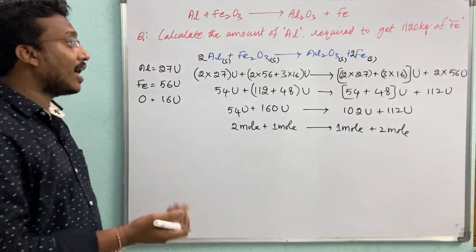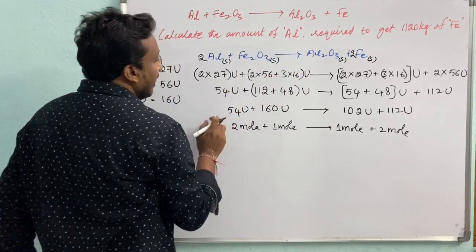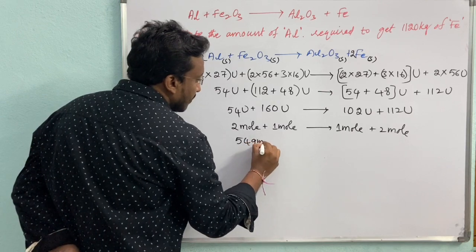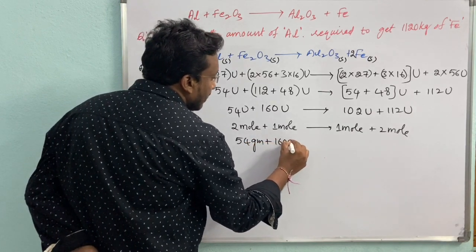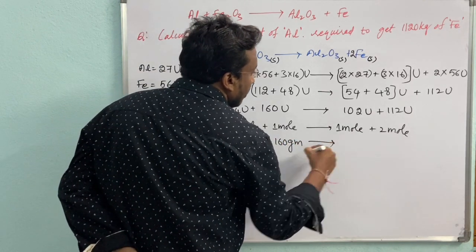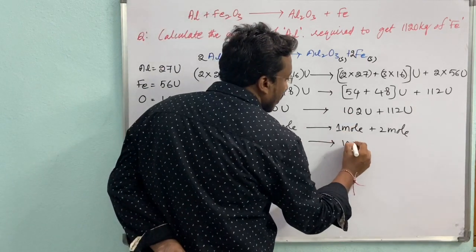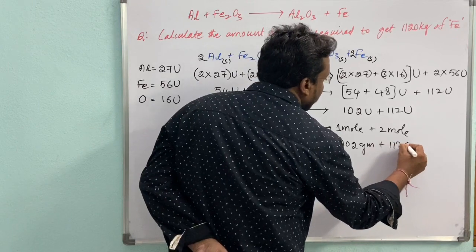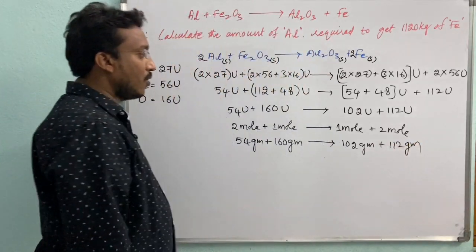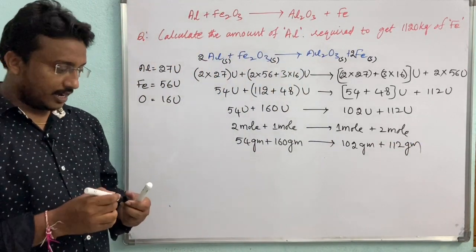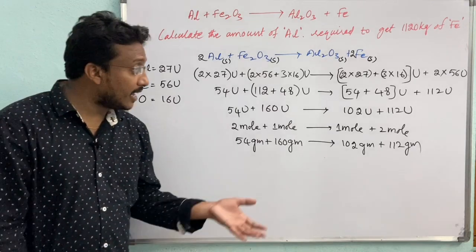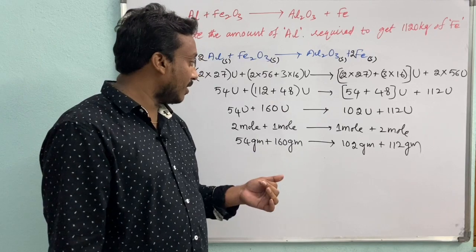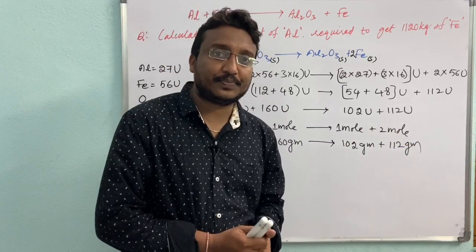We can also express this in molar mass, in grams: 54 grams plus 160 grams gives 102 grams plus 112 grams, got it. So in a chemical equation we can express it in unified mass, molar mass, or moles.